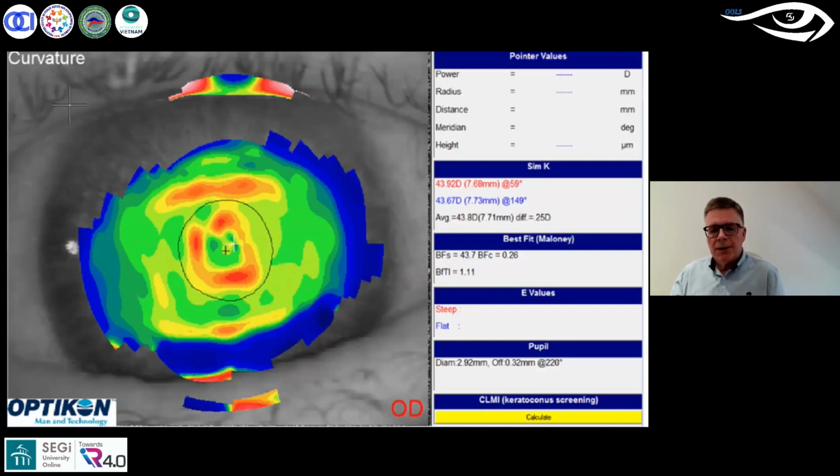dry eye clinic. This is an image of a patient who was referred to me with very poor vision, but also very poor comfort. This was a male patient, and he was in his mid 50s. And you can see here, he's got a 3mm pupil.